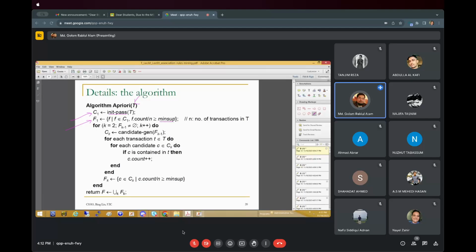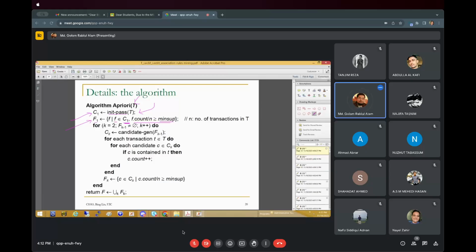So in that case, from the C1, the item sets that are frequent we will select and assign to F1. Where F is an element of C1, that means this is our C1, and F will be an element of C1 if it holds this condition.